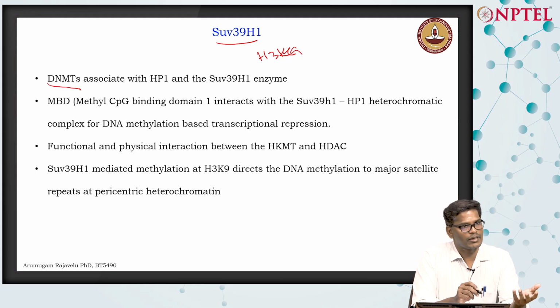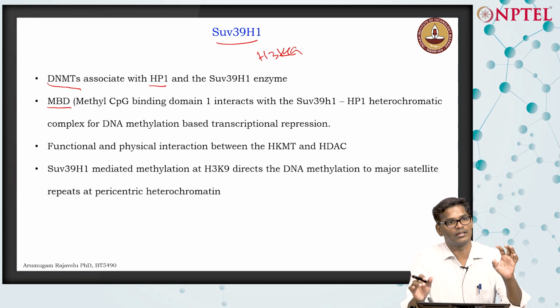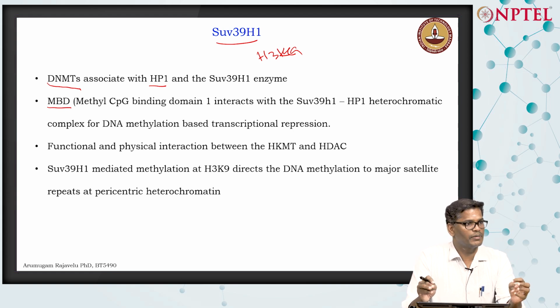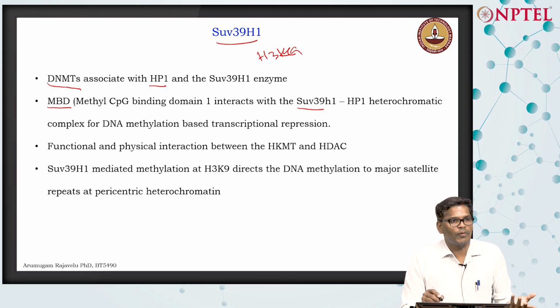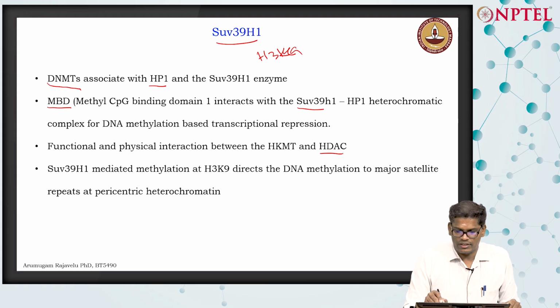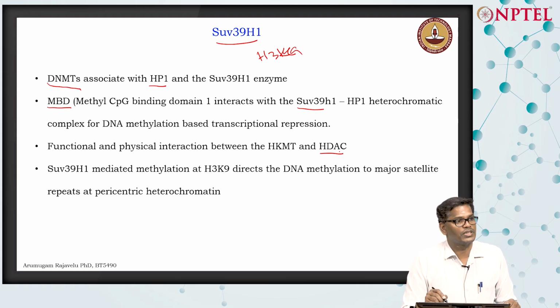DNMTs are again repressive enzymes. HP1 is also a repressive protein. MBD is repressive. Like activator complexes, the repressive complex also forms as a full repressive complex, you see here. All are forming complexes, and obviously it will interact with the HDACs as well, because this is also repressive. It removes acetyl groups, the deacetylase.